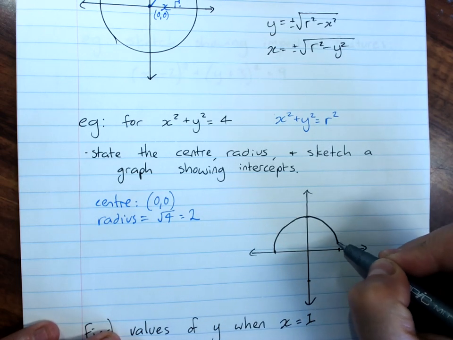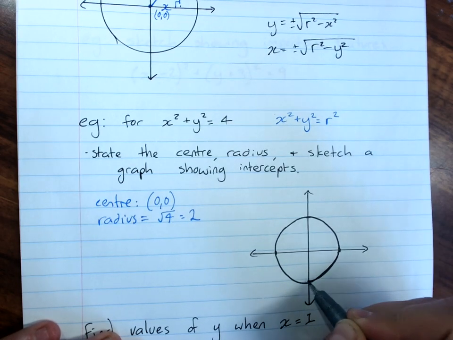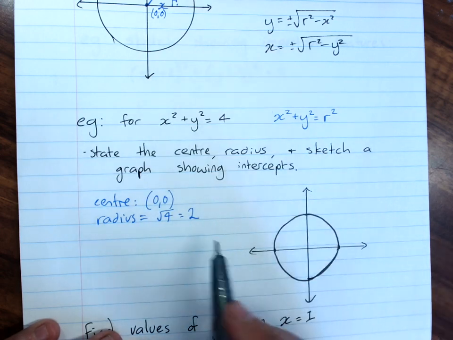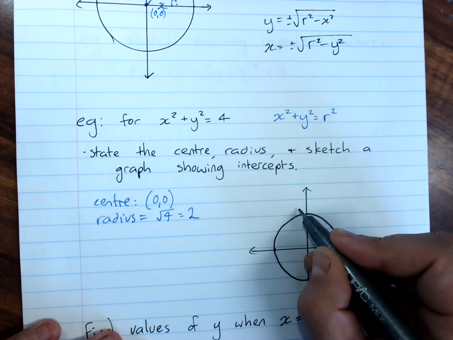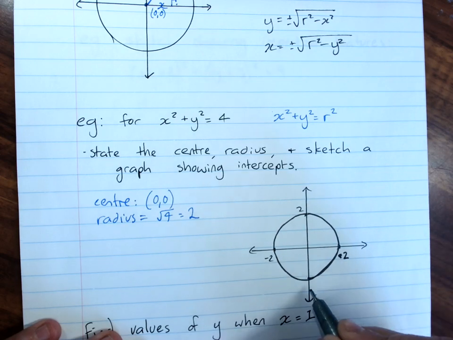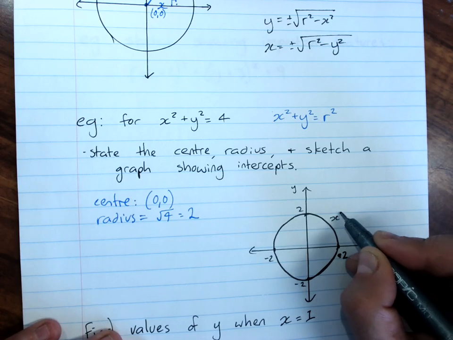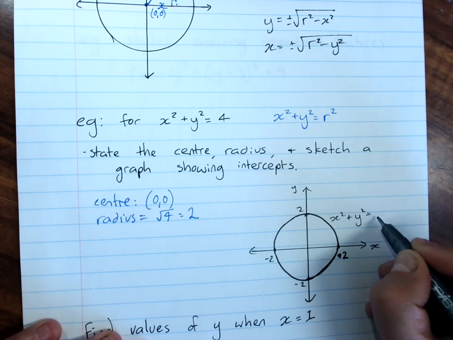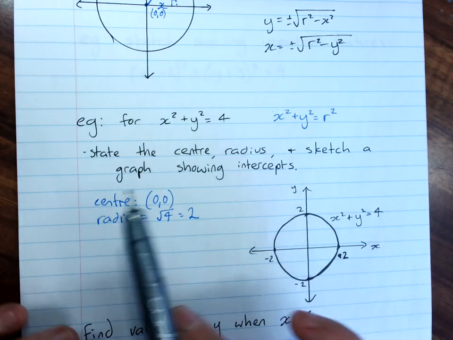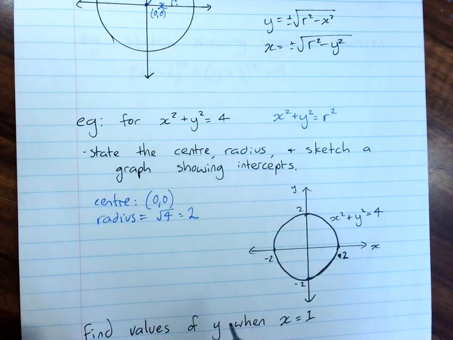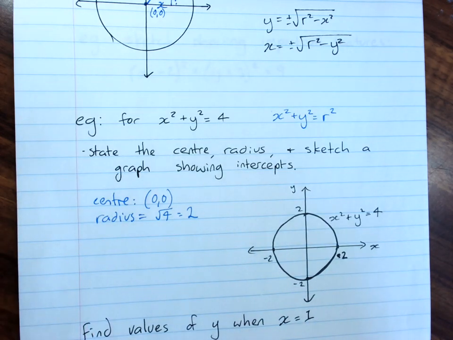Carefully draw a circle that goes through those points as accurately as you can, and the intercepts are going to be 2, 2, -2, and -2. Label x and y, label the rule, and you've graphed that circle or sketched it. So showing the intercepts is very easy, and make sure your circle is nicely curved.